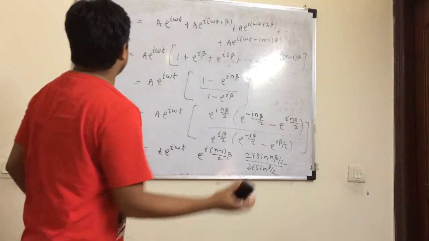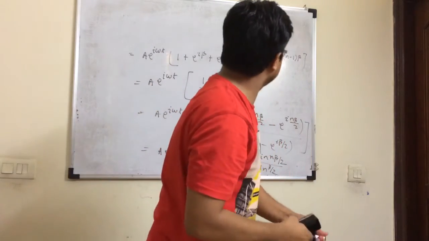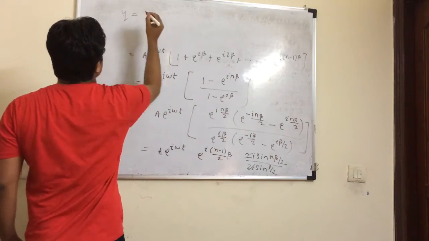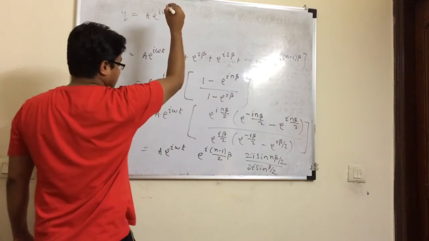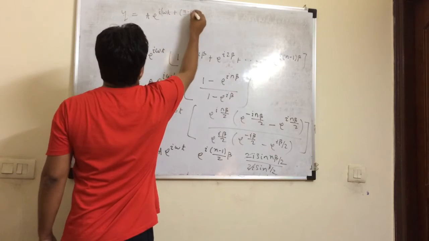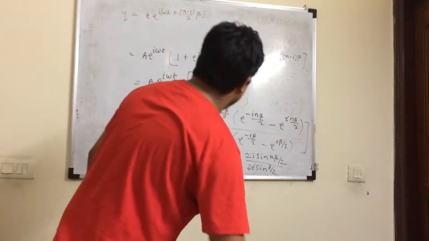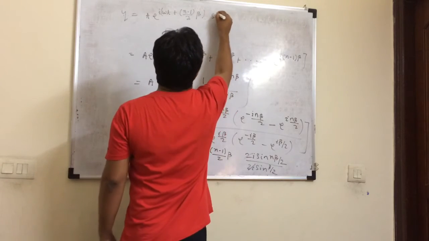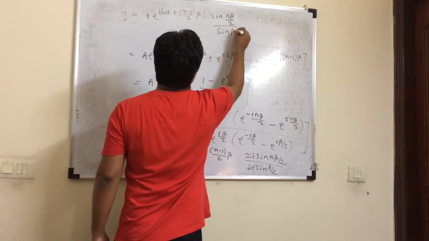So the final term we can write as y is equal to a to the power i (omega t plus (n minus 1) by 2 times beta) times sine n beta by 2 divided by sine beta by 2.